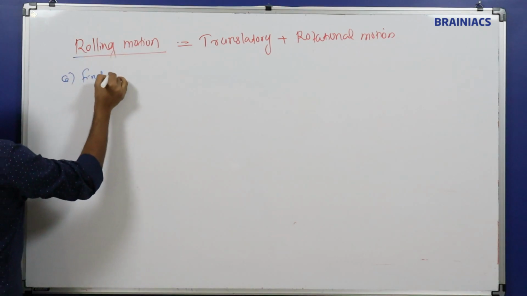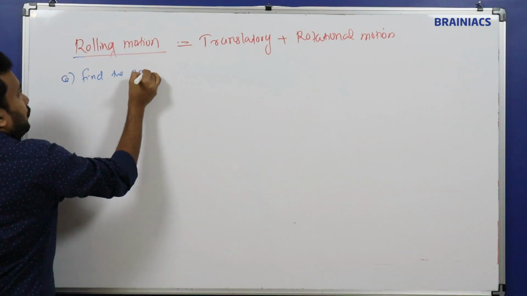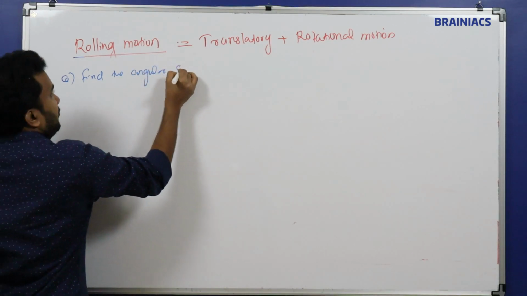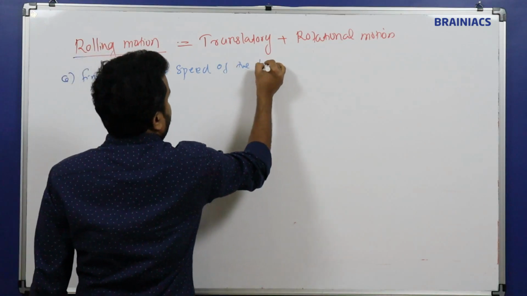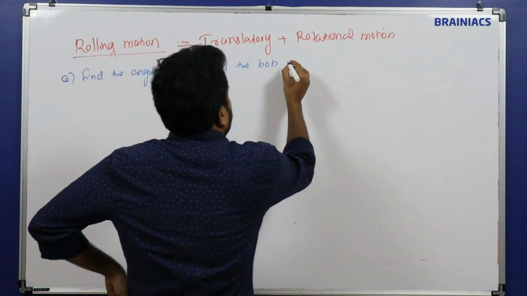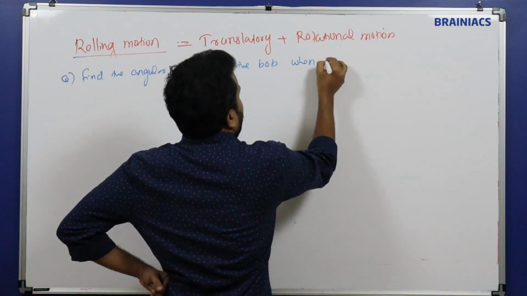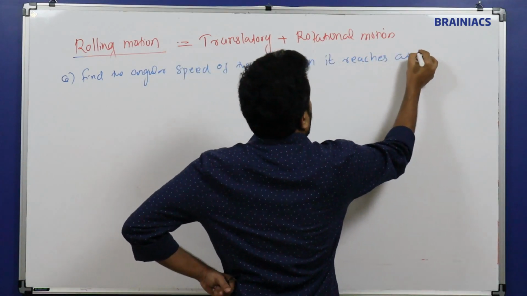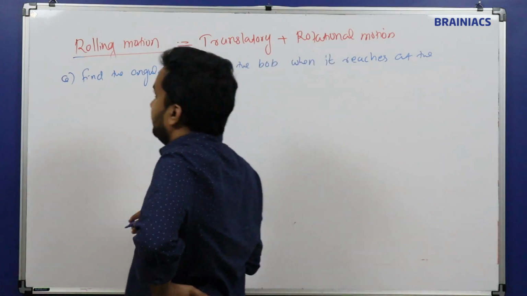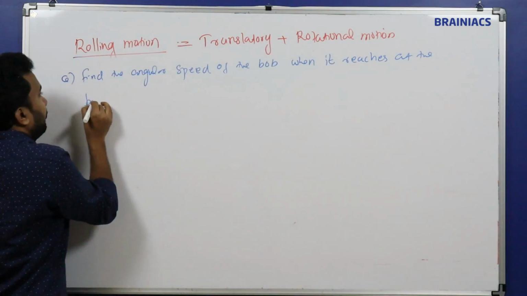The question will be: find the angular speed of the bob when it reaches the bottom.